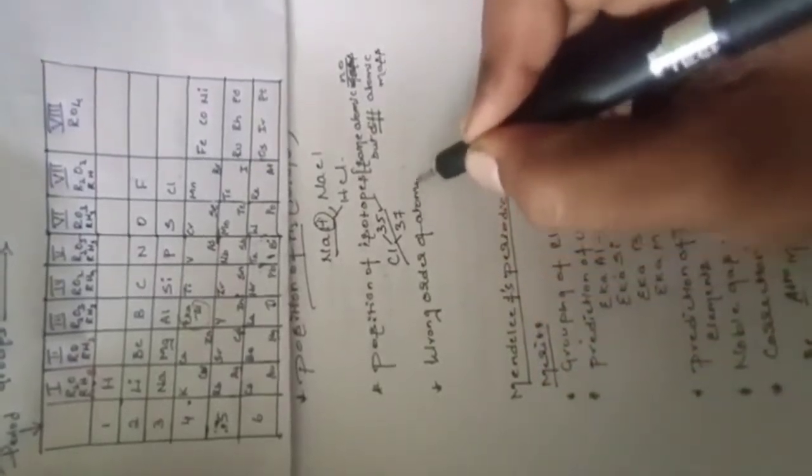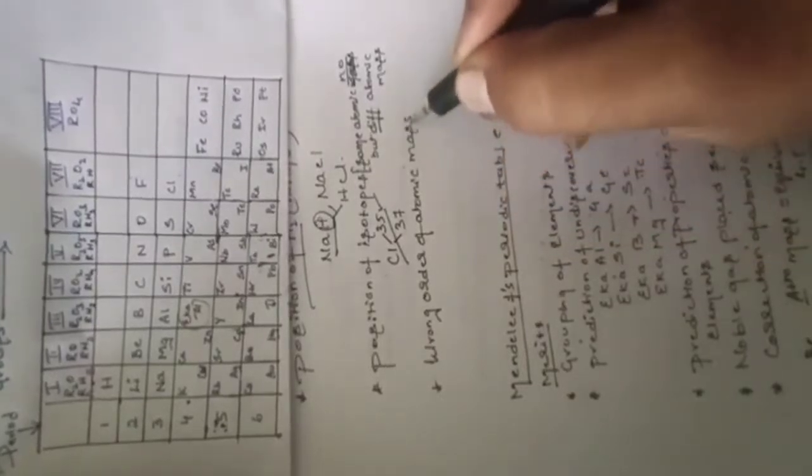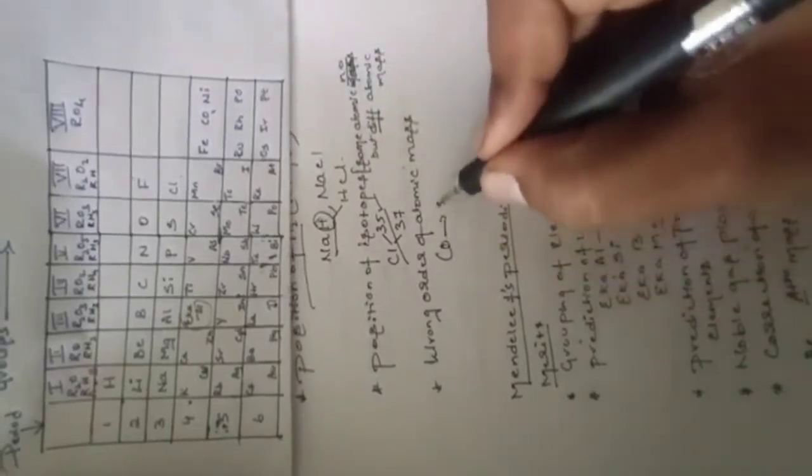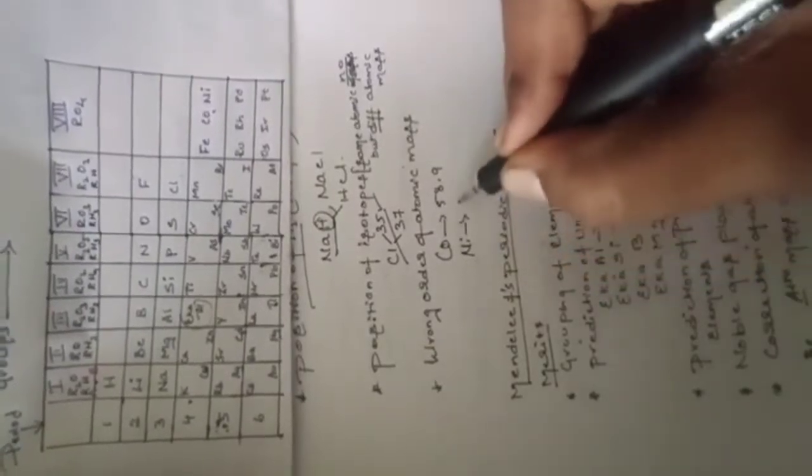The third one is the wrong order of atomic masses. He made one mistake. Cobalt atomic mass is 58.9, and nickel is 58.7.